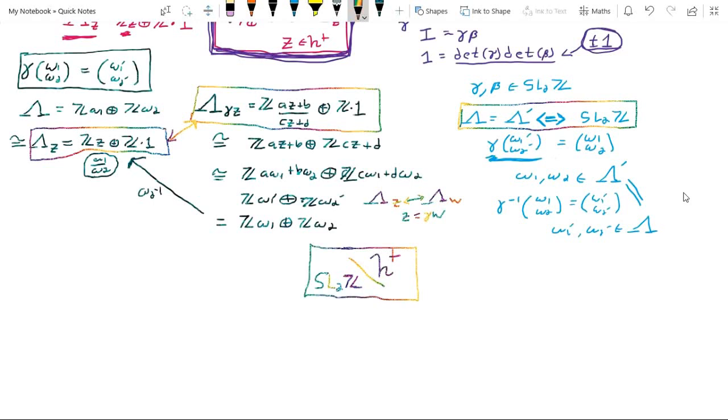In other words, for each point in the space, which is the upper half plane modulo SL2Z, there is a unique complex elliptic curve associated to that point, and all such complex elliptic curves arise from these points. So we say that this geometric space is the moduli space for complex elliptic curves.